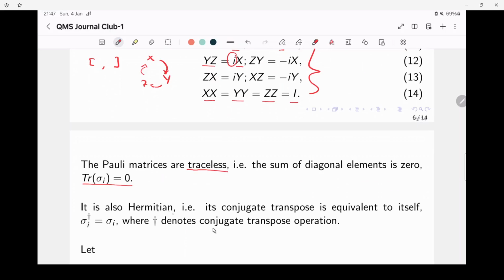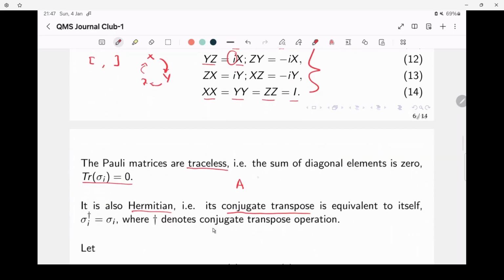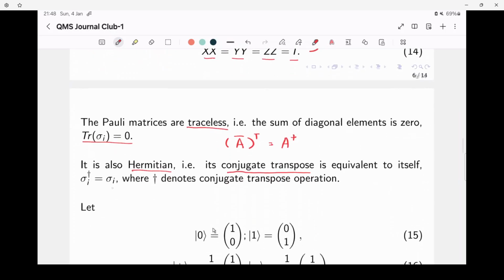The second property of Pauli matrices is that they are also Hermitian, meaning that the conjugate transpose is equivalent to itself. If you don't understand what a conjugate transpose is, let's say A is your matrix, you perform complex conjugation, and then you perform a transposition; that is the conjugate transpose. If your matrix is Hermitian, it means that after you perform the conjugation and transposition, it goes back to itself.